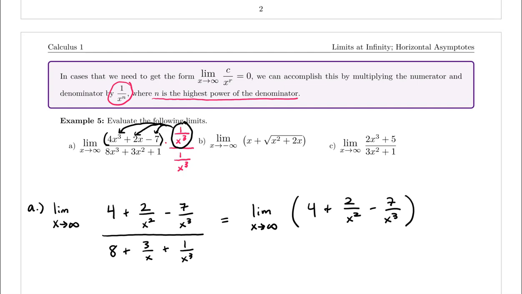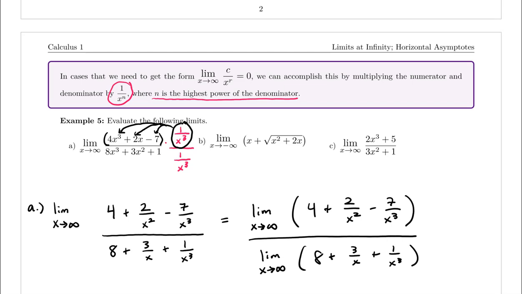And then I could also apply it to the denominator. And there's another limit law that says if you're taking the limit of a sum, you can apply the limit to each of the terms in the sum. So essentially, I'm just taking the limit of the numerator and the denominator.